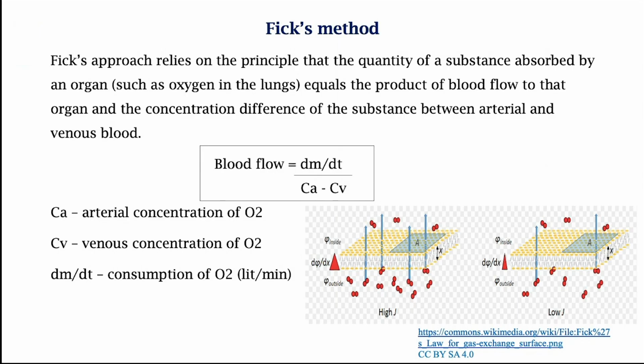If the lungs can extract, say for example, 250 ml of oxygen per minute from blood, then let's assume that each liter of blood gives up about 50 ml of oxygen.